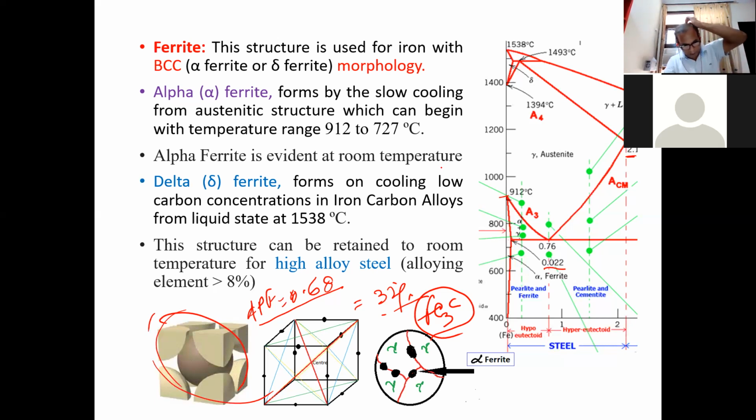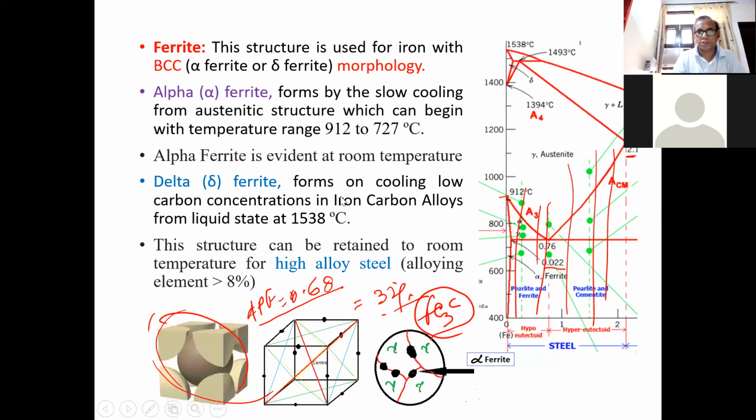And that means that when we cool the metal from austenite to any temperature, at any combination, 0.02% of BCC structure will form, which will be called alpha ferrite, plus the rest will be cementite, that is called Fe3C.